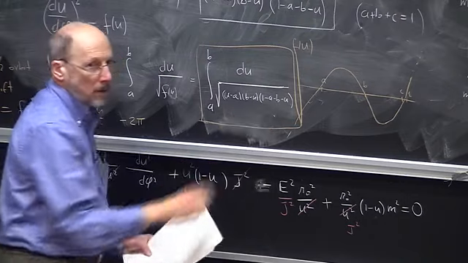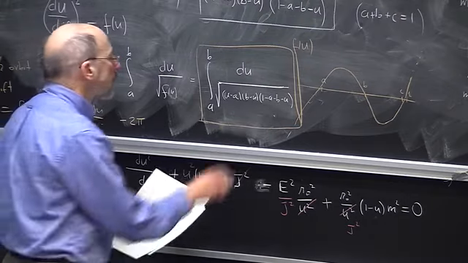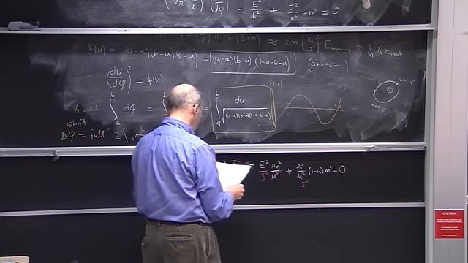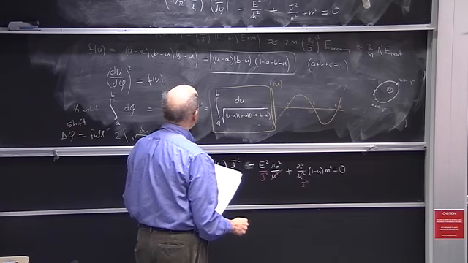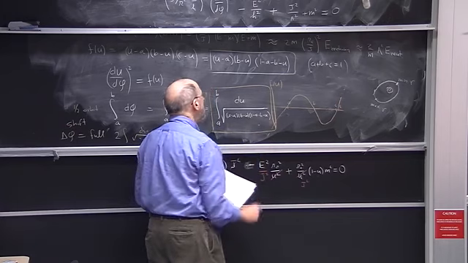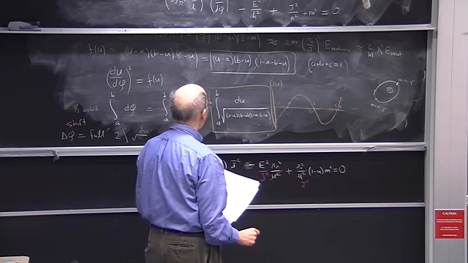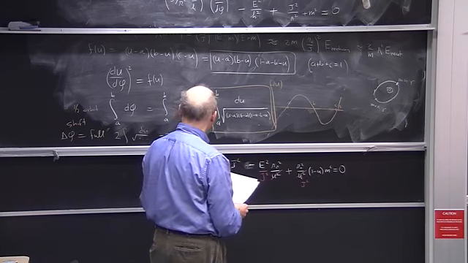So you could do this all in Maple or Mathematica or whatever. But it's a little bit useful to get a closed form answer that doesn't involve an integral anymore when a and b are small and u is small, which is the actual case of the solar system.